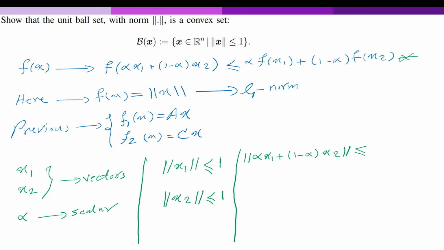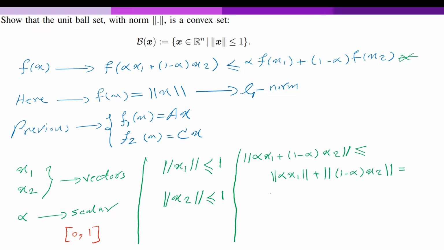let me continue that down here. L1 norm of alpha x1 plus L1 norm of 1 minus alpha x2, which is equal to, because alpha is a constant, a scalar, and it's also positive because we mentioned that alpha must be in this interval, we don't need to use the absolute value sign.